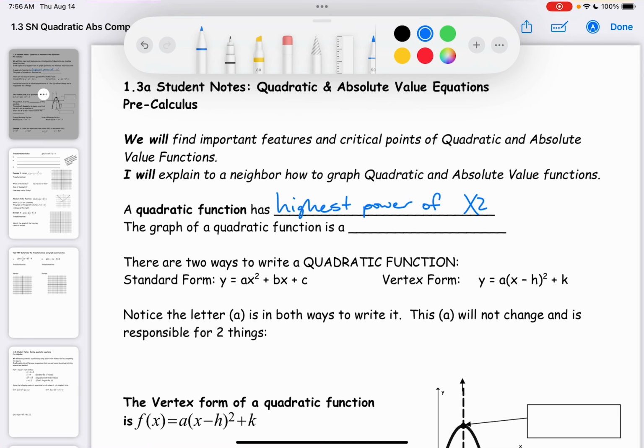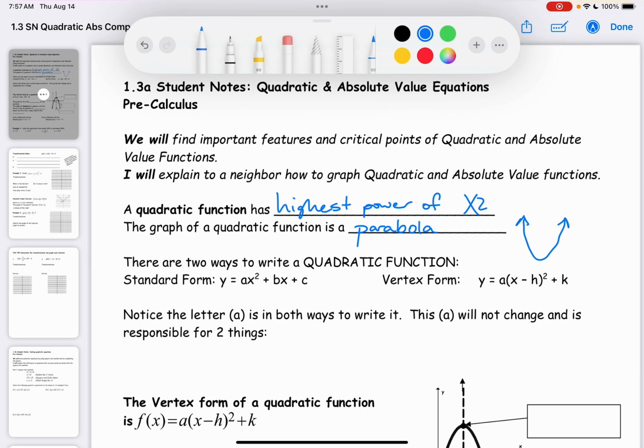So its first or highest power is a 2. It's got an x squared somewhere in it, or a letter squared. And when we graph the quadratic function, we get the shape of a parabola. If you don't remember what that is, it's kind of this U shape.